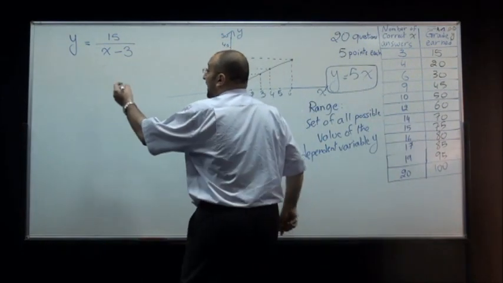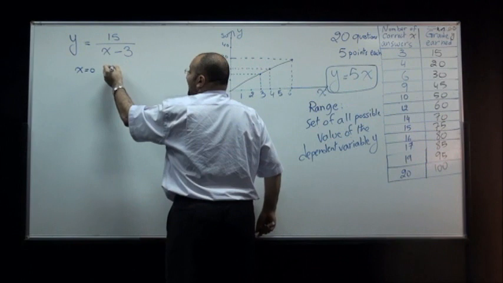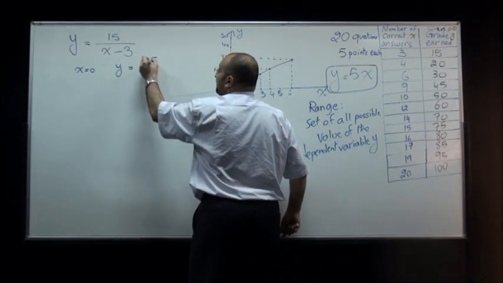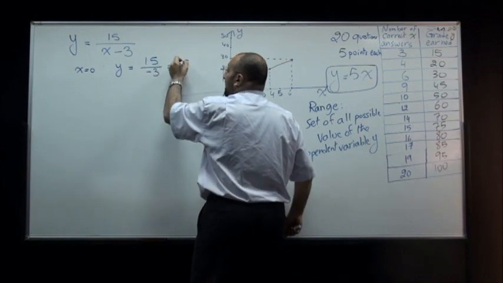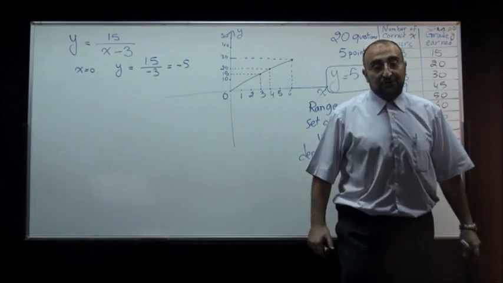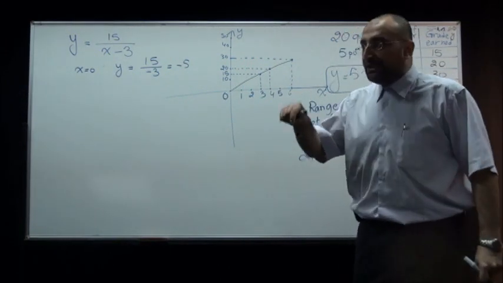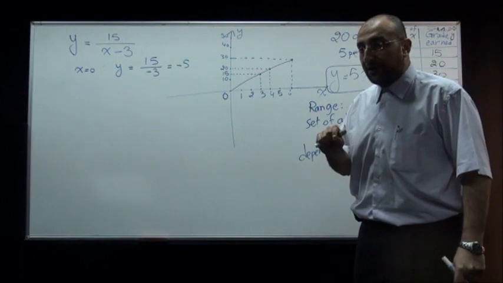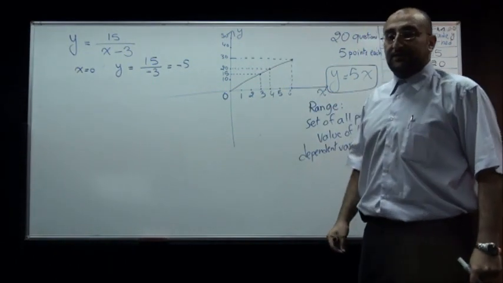Is there a y value for x equals 0? If I replace x by 0, then y is equal 15 over 0 minus 3, which is negative 3. So there is a y value for the x value 0. So I ask the question again. Can you find an x value for which y does not exist?